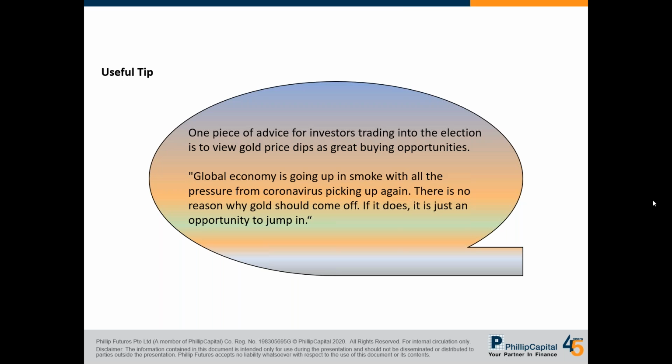For the coming month, how much volatility are we looking at, Kenneth Fu? Okay, a lot. We are very, very close to the polling date, which is the 3rd November. Everyone is eyeing on it.